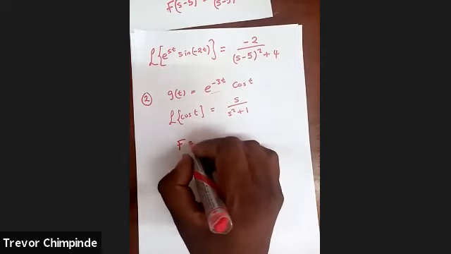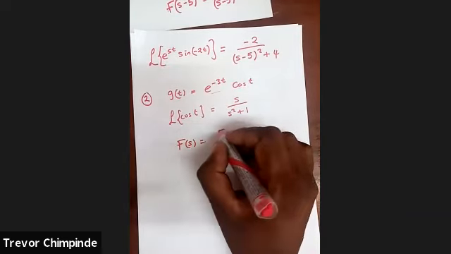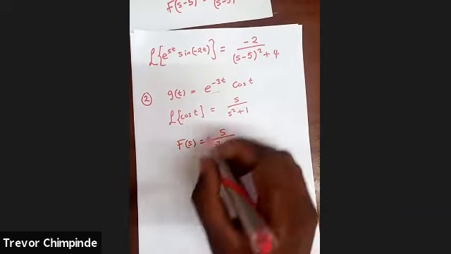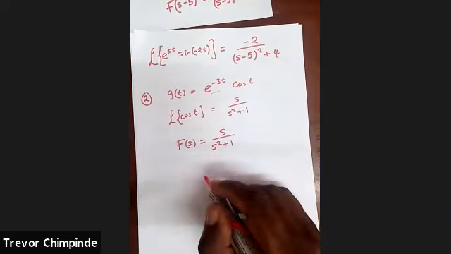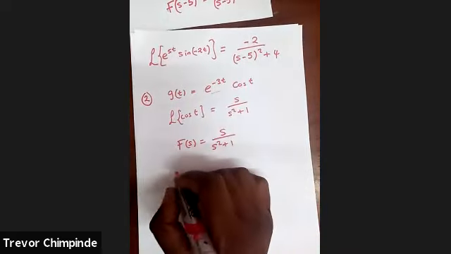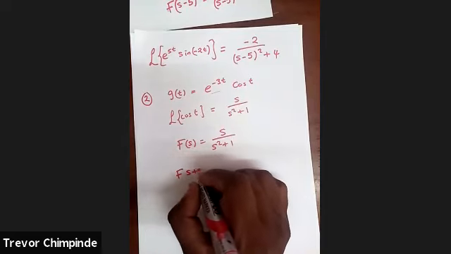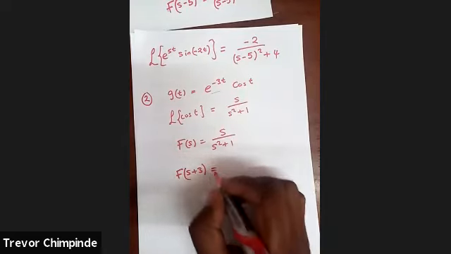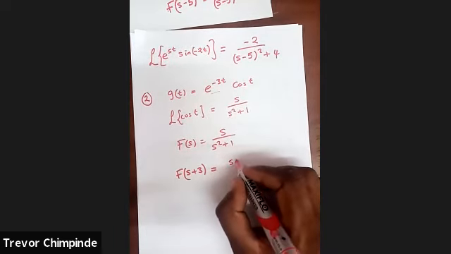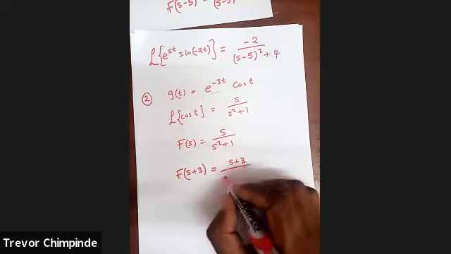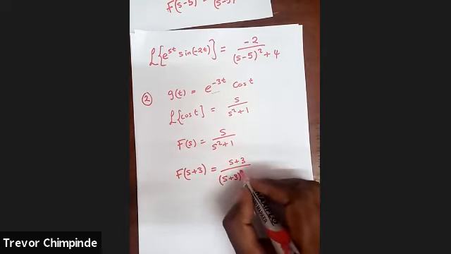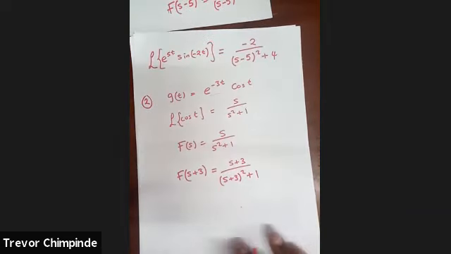F of s in this case is this Laplace, s over s squared plus 1. Our a is -3, so s minus a will be s plus 3. So f of s plus 3: in place of s, we put s plus 3, so it becomes s plus 3 over s plus 3 squared plus 1.